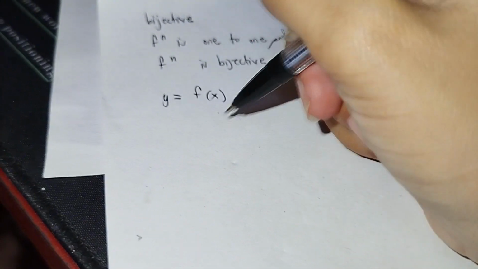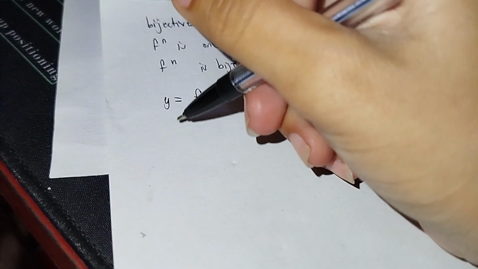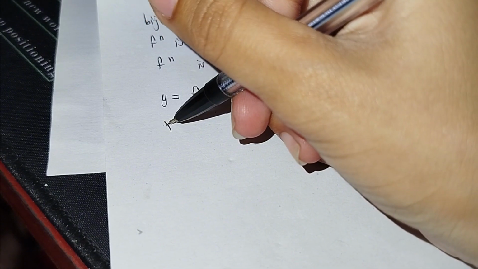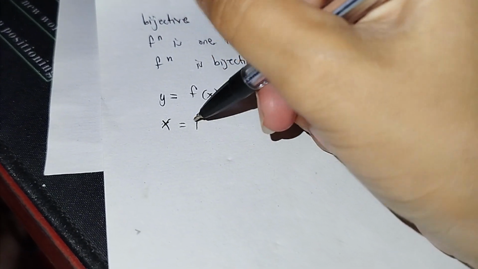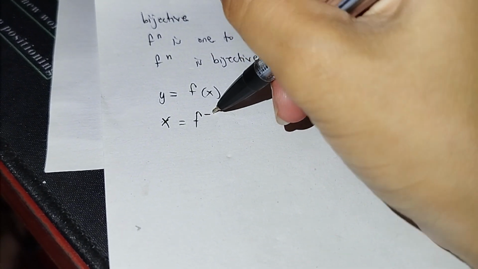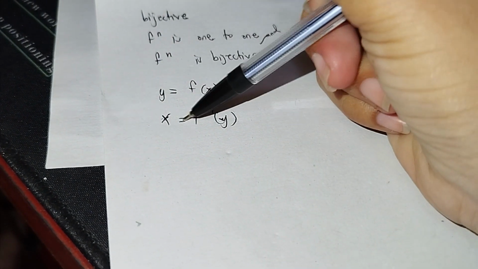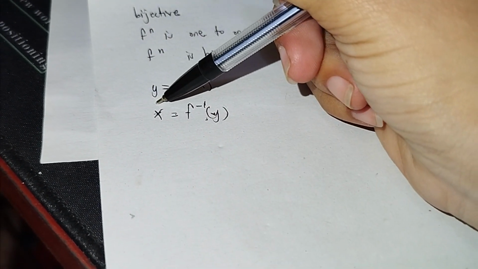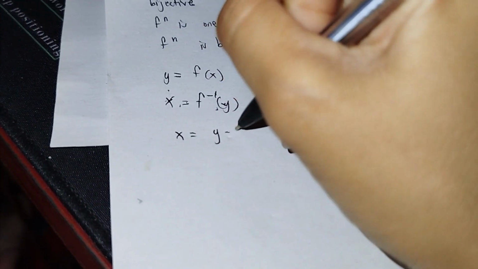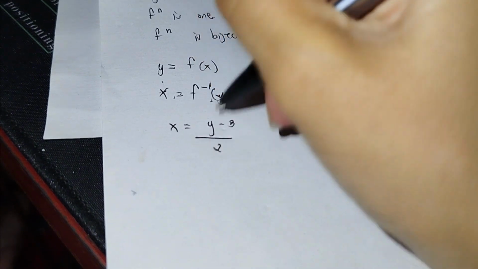When we invert this given equation, x is equal to the inverse of y. What was the value of x that we got in the surjection earlier? It is this: x is equal to y minus 3 all over 2.